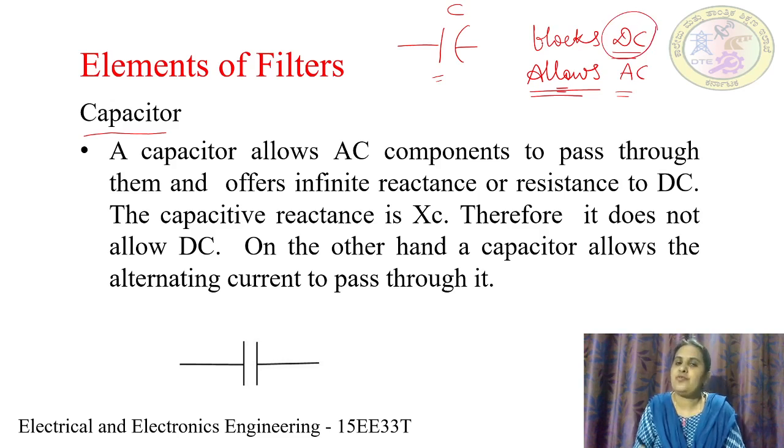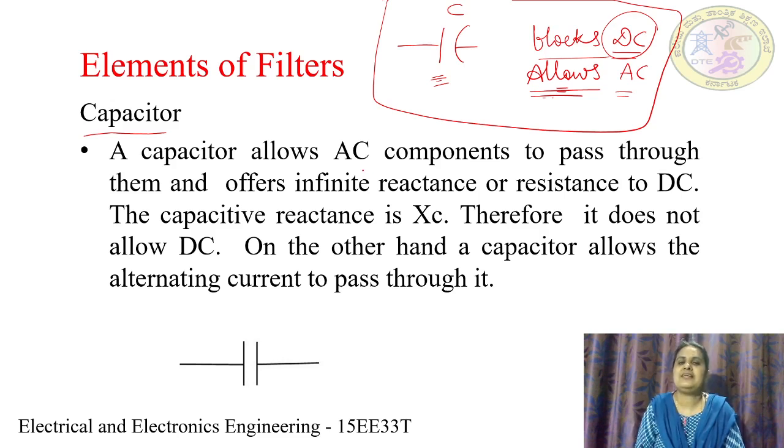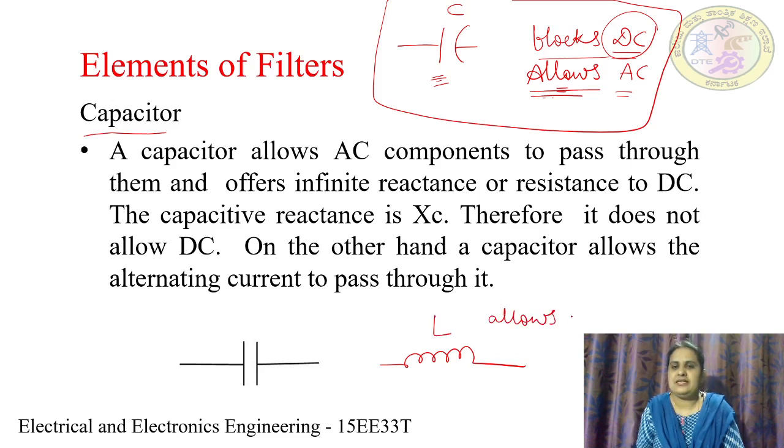So what we have to remember in case of the capacitive component is that it blocks the DC and allows AC. If you look at it, it is exactly the opposite of an inductor. What does the inductor tell us? It allows DC, blocks AC.